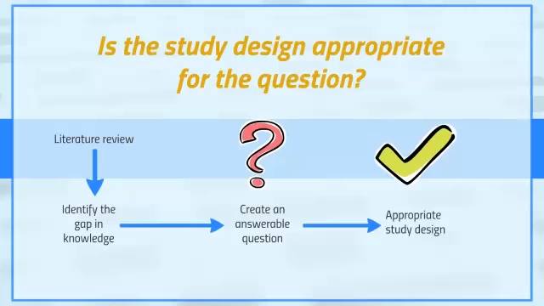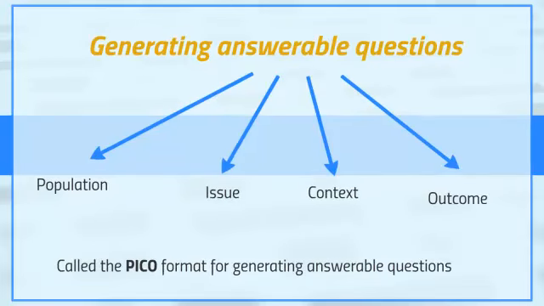So when creating questions, there's a certain framework, a certain method to creating answerable questions. Originally, this format, called the PICO format, was used for clinical trials, where you always have some kind of intervention that you're assigning and some kind of control that you're comparing the intervention to.